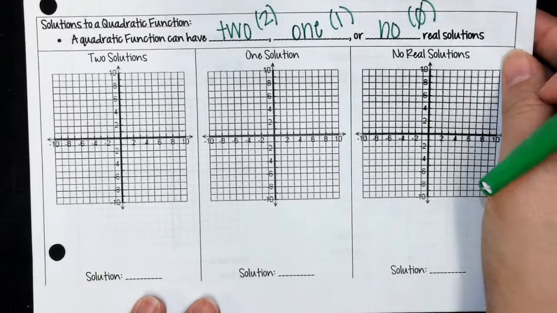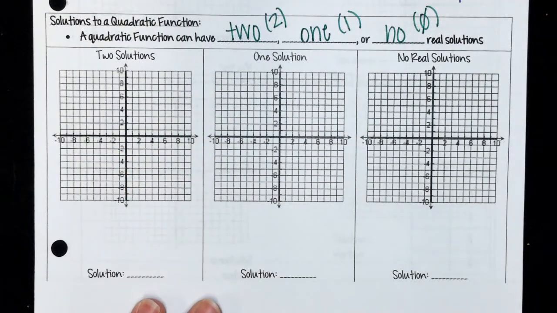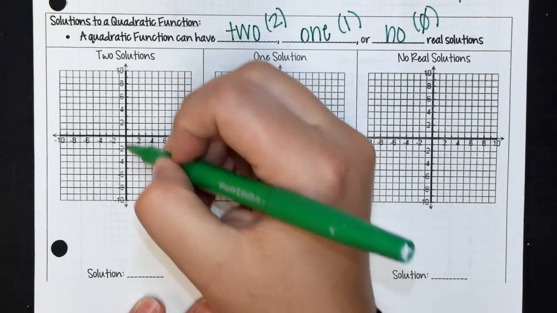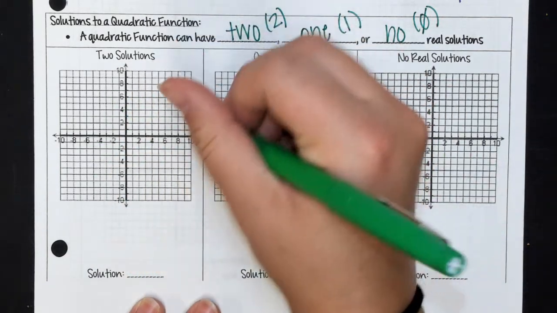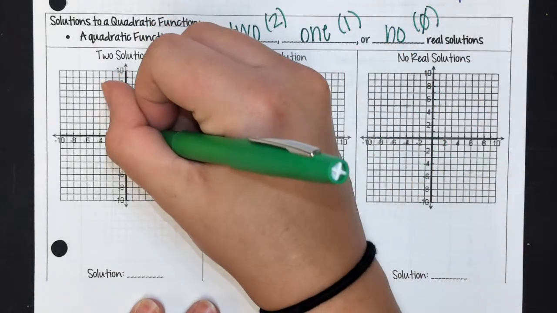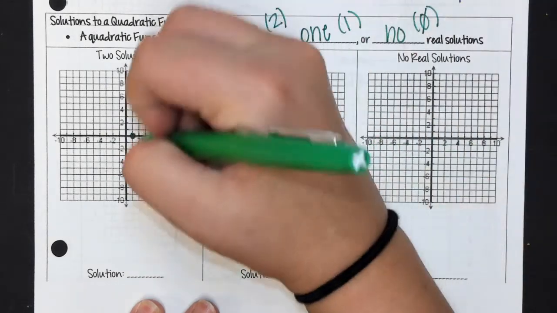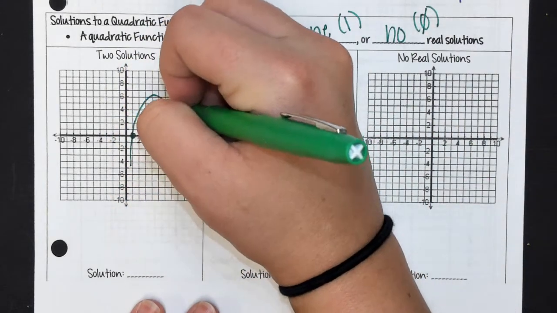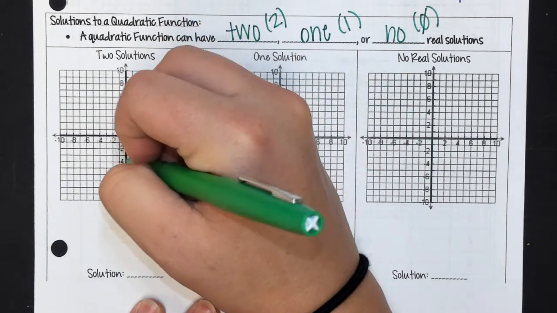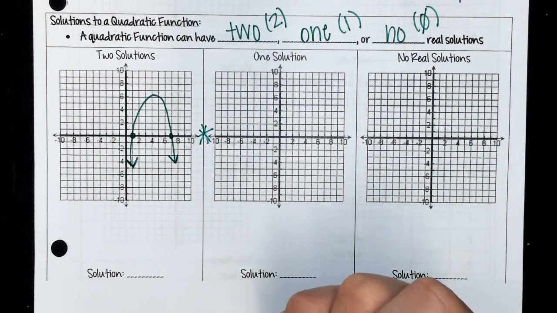Let's draw an example of two solutions. It's where it's going to cross this x-axis right here. It has to cross it twice to have two solutions. So I'm going to put a dot on 1 and 7 and then draw my parabola through those points. That's an example of two solutions.